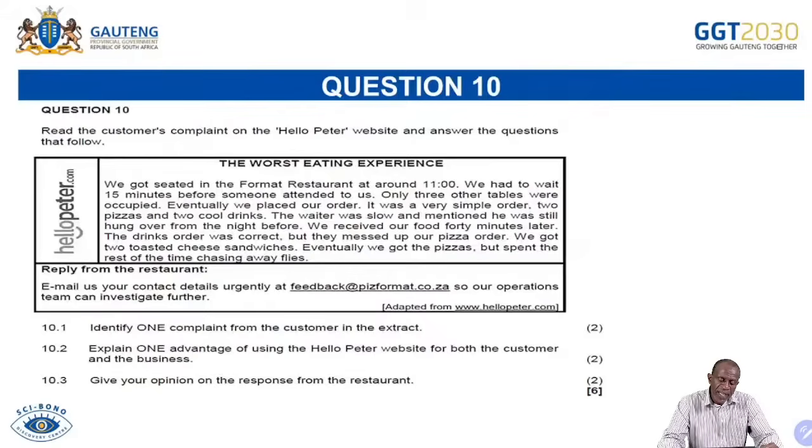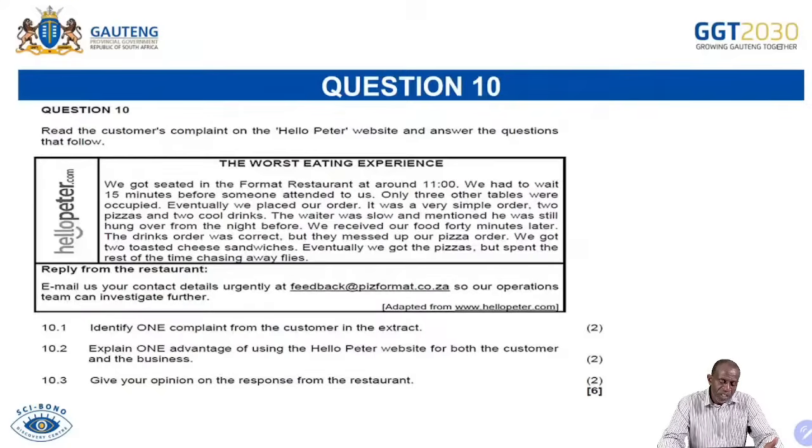10.2, it says, explain the advantage of using the Hello Peter website for both the customer and the business. So you need to provide the advantages of using Hello Peter to monitor whether customers are satisfied or dissatisfied.